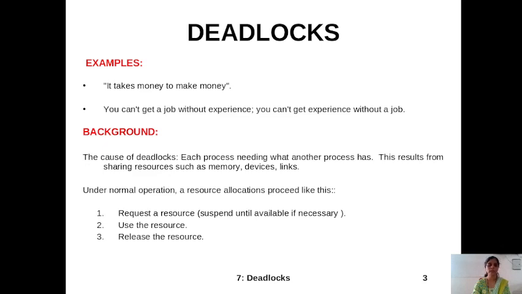So P1 cannot proceed with its execution because it is waiting for another process P2 which is holding some other resource, while P2 is waiting for process P1 to release its resource. So there is a deadlock situation wherein both of these processes will not continue their execution and they are in a deadlock state.